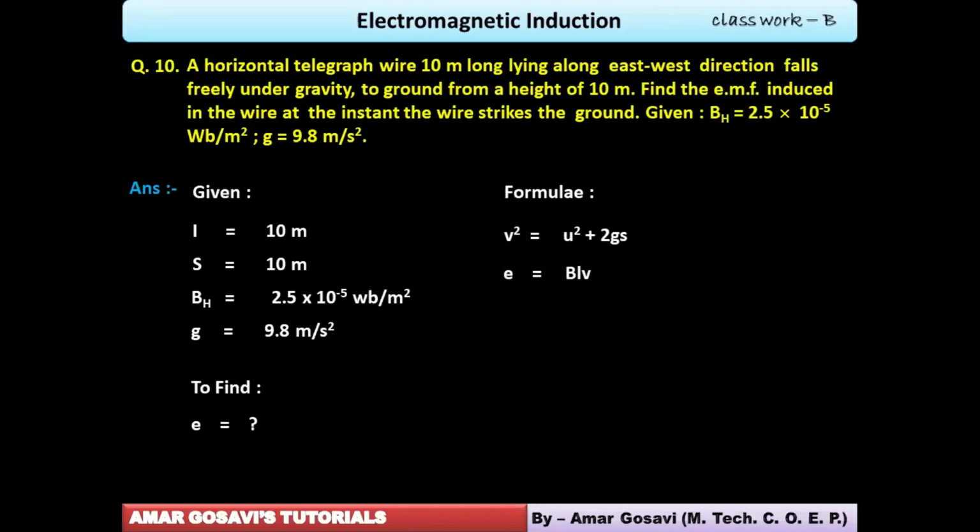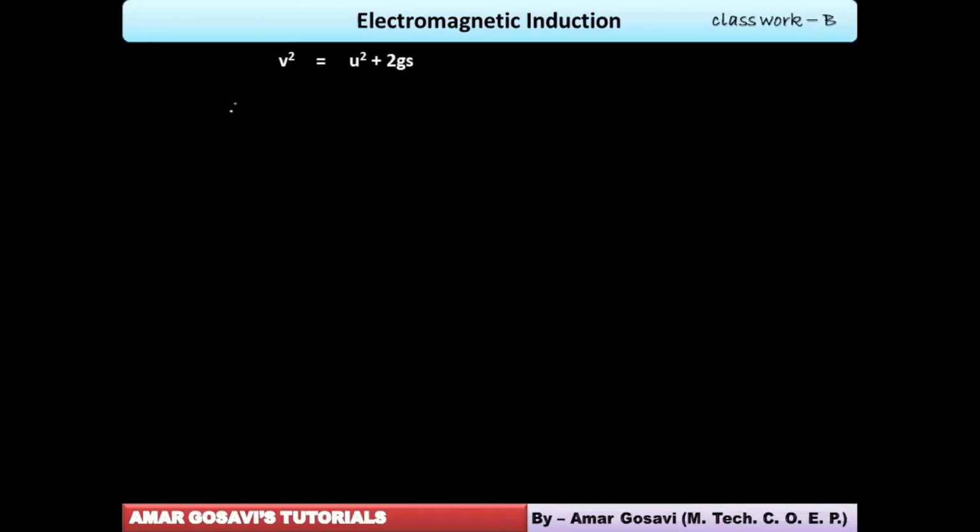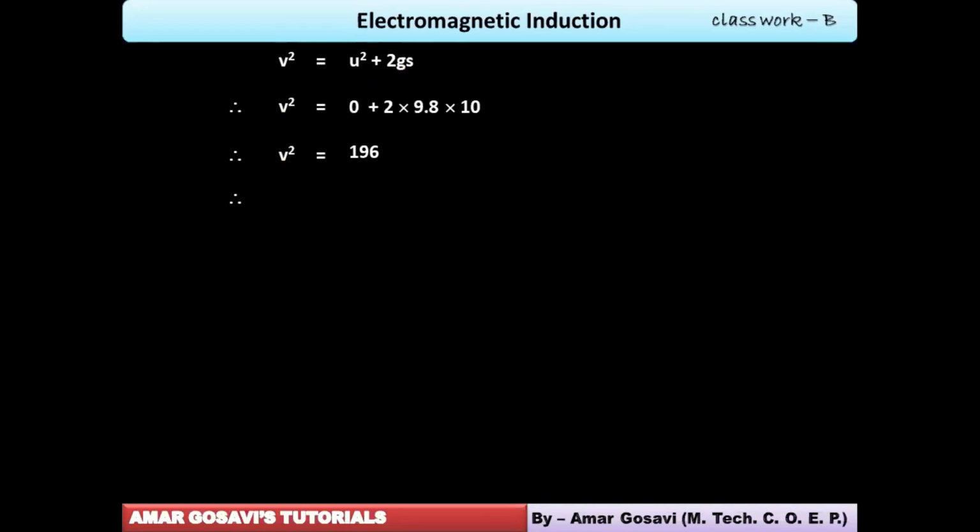So let's put the values from kinematical equation. You can see we can get the value of the velocity before it strikes. We know initial velocity was 0, acceleration due to gravity is 9.8, and the height through which it is falling is 10 meter. So we get v square as 196. So finally v, so it's not v square, it will be v. Taking the square root on both the sides will be 14 meter per second.